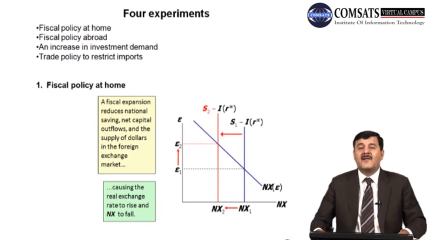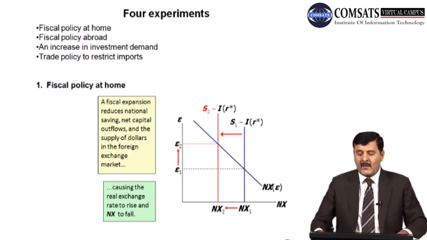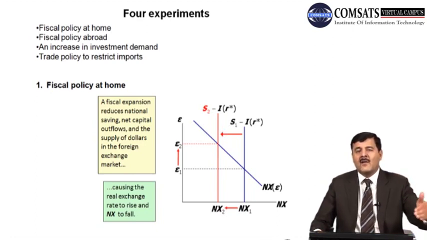Both intersect and determine the real exchange rate in the world market, E1, and net exports NX1. Now suppose a fiscal expansion reduces national saving. Fiscal expansion means expenditures are more than revenue.